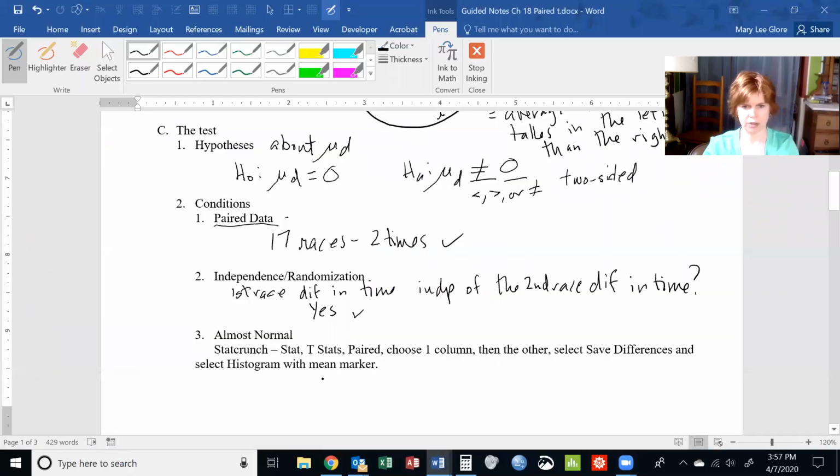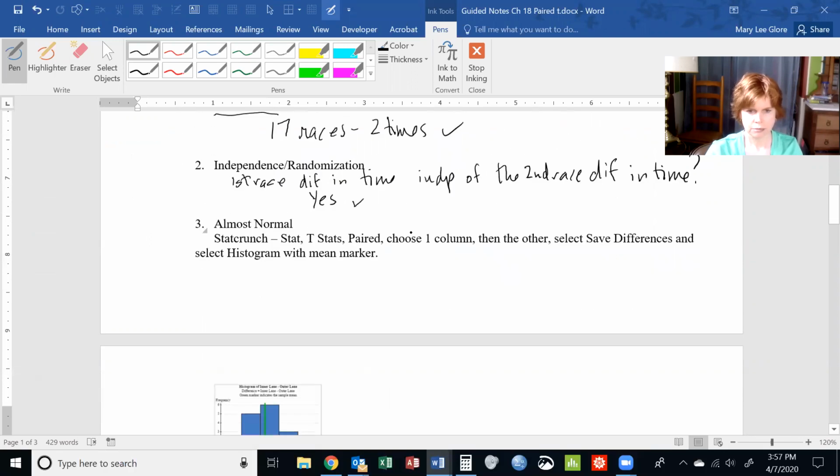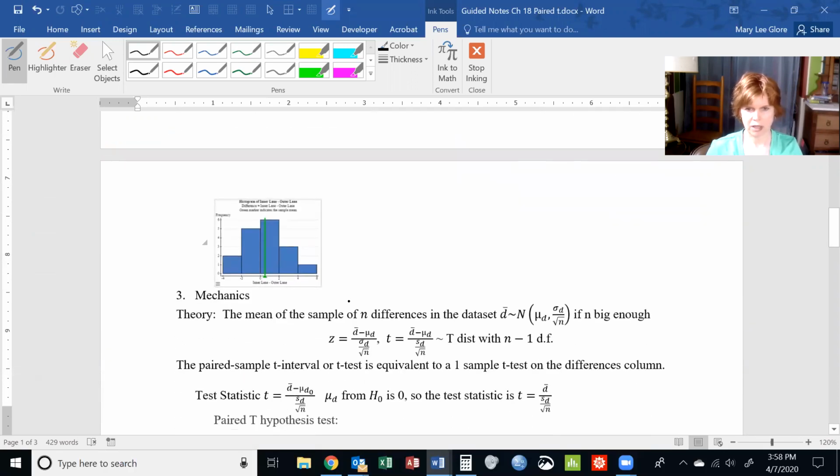My n is 17. I've got 17 pairs, so my sample size here is 17. I've got 17 differences. And so that is a small sample. No, wait a minute, actually that's a moderate sample. 5 to 15 is small, so this is on the small side of a moderate sample.